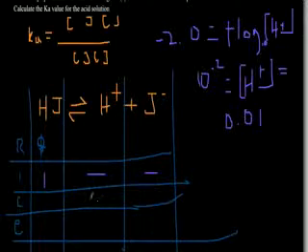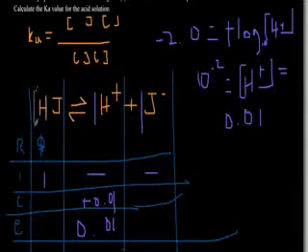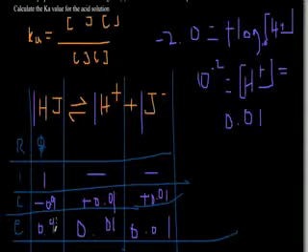So you know that the change is plus x, which is 0.01. 0.01 is the final thing here. Now, because of this equation, there's a 1 here, there's a 1 here, there's a 1 here. This is also going to be plus the same thing, 0.01, because of stoichiometry. And this is also going to be minus that, 0.01. And if you do this, you'll get 0.99.